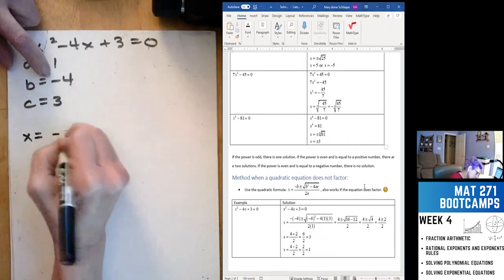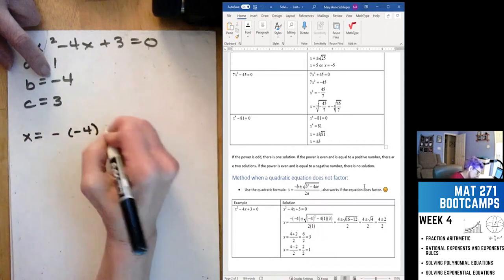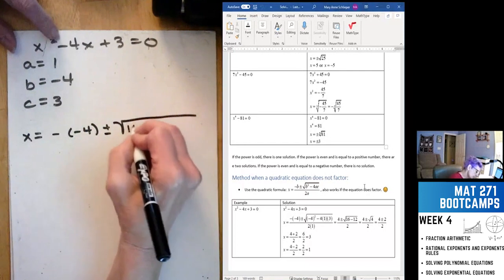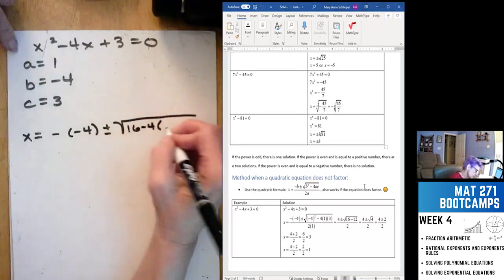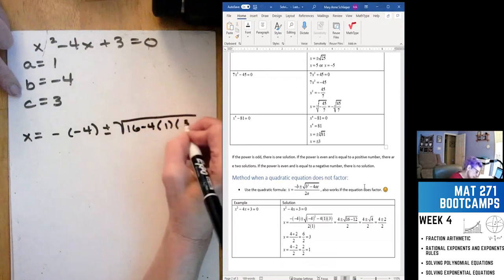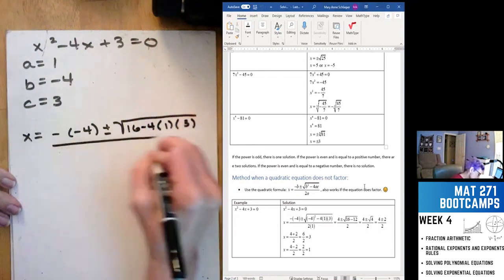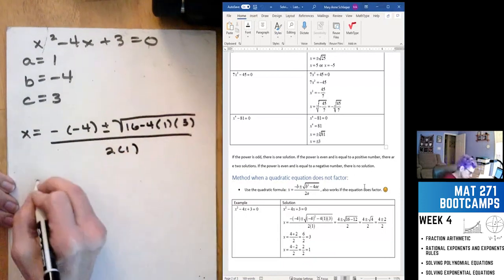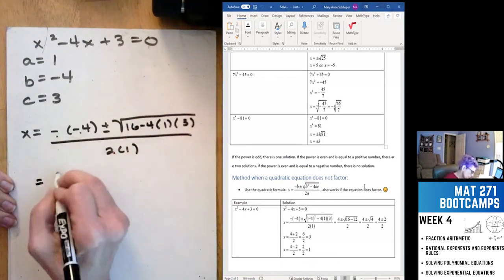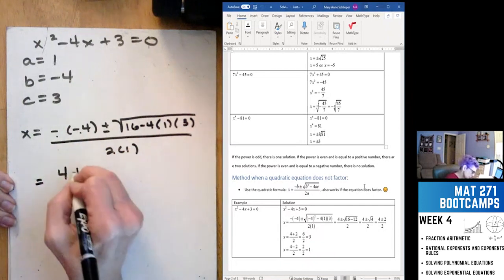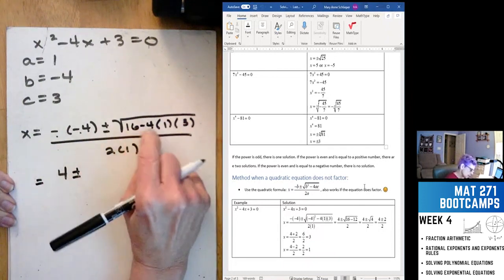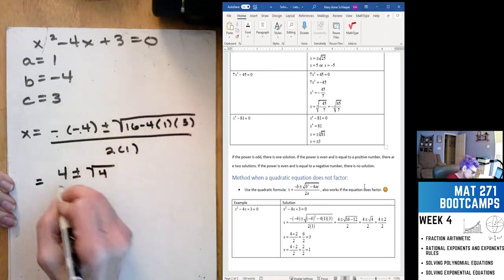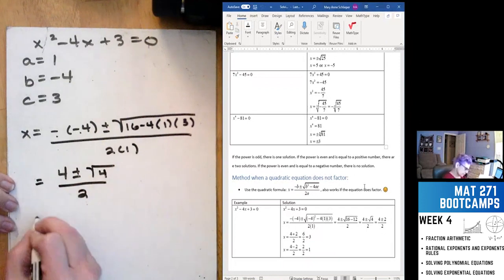So negative b plus or minus square root b squared minus 4 times a times c all over 2 times a. Negative 4 is 4. 16 minus 12 over 2.